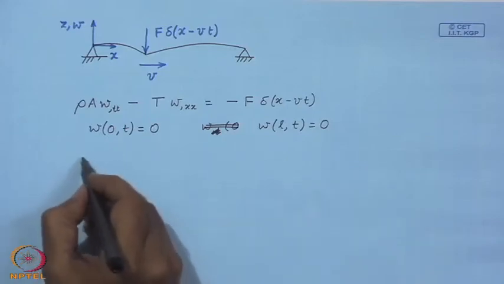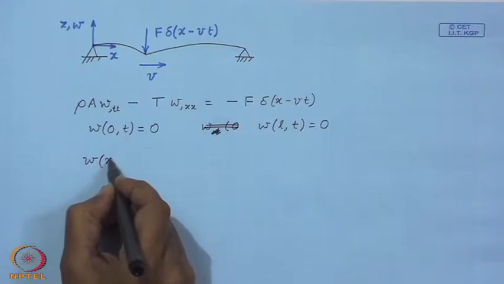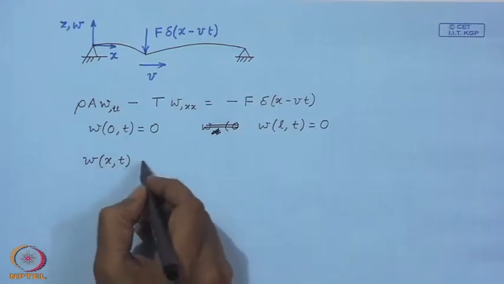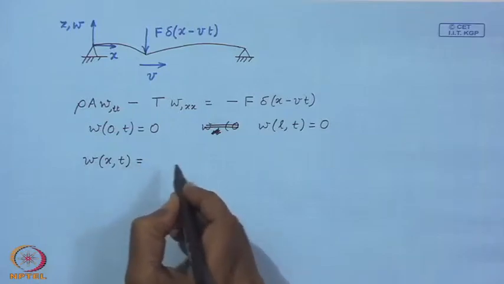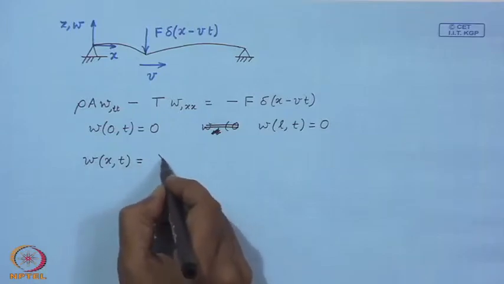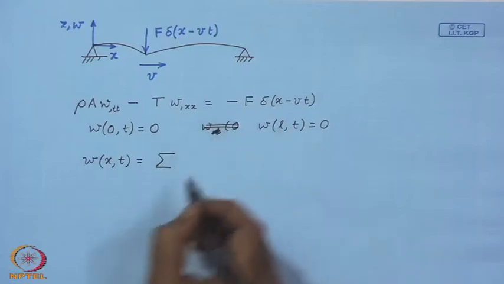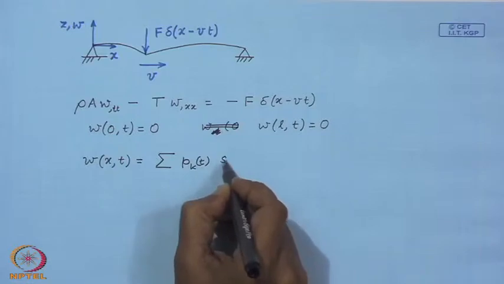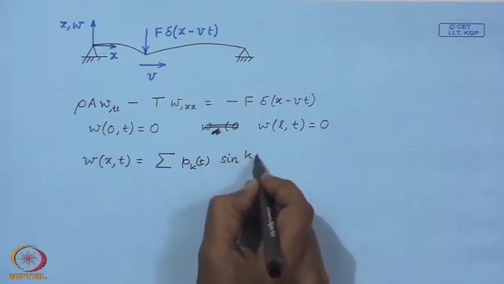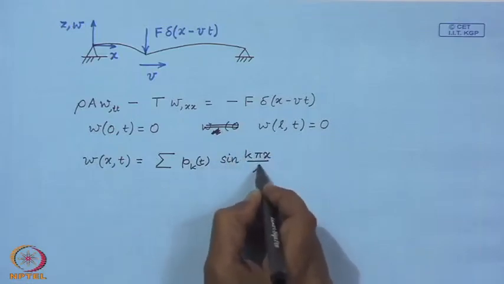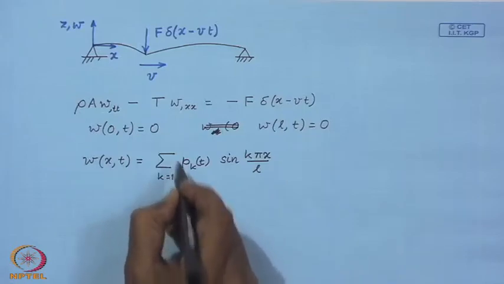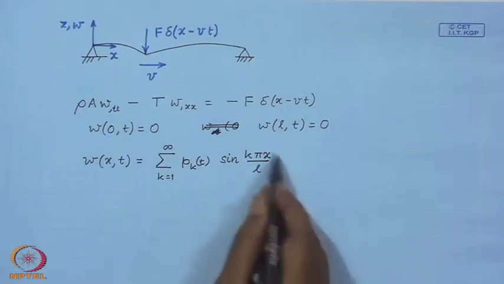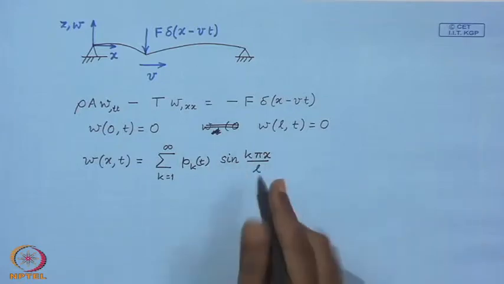Now, here we will be looking at the forced problem, using this expansion in terms of the eigenfunctions of the taut string.